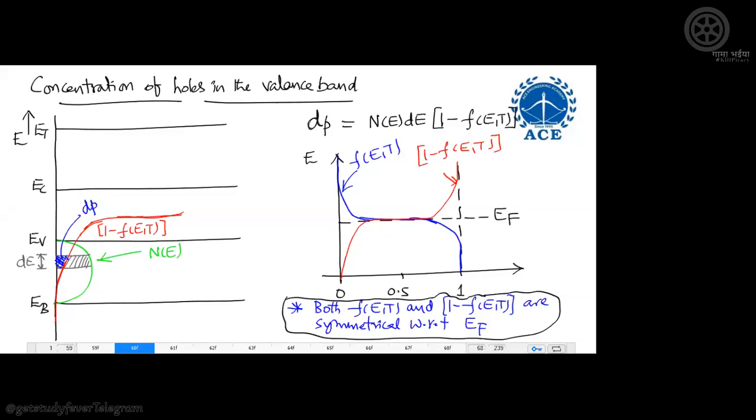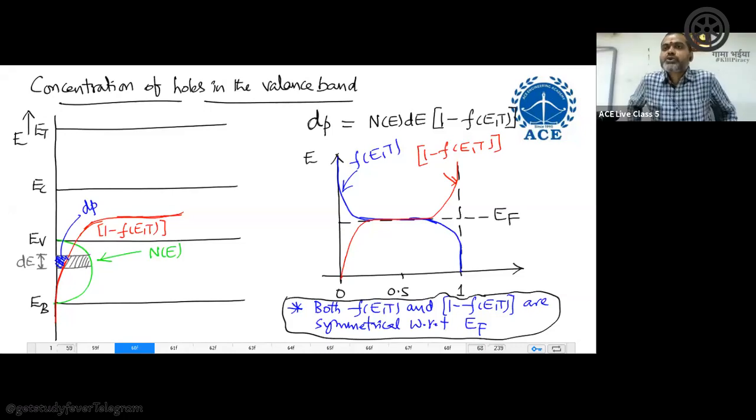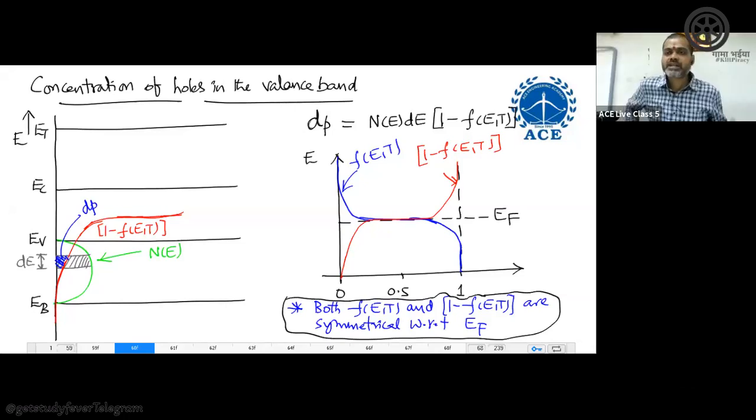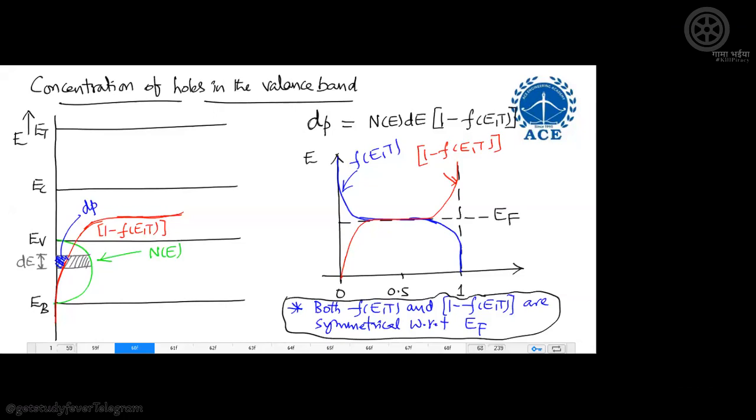Sir, what does this intrinsic carrier concentration Ni physically signify? It signifies how many electrons and holes are going to be present. Later, if you move to extrinsic semiconductor material, you will get better clarity. But I heard long back that Ni in an intrinsic semiconductor defines the minimum amount of current that will flow through a semiconductor. Is it right, sir?